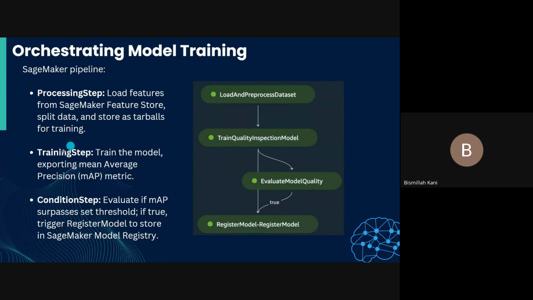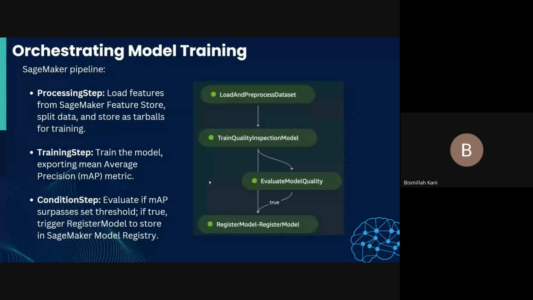The training step is very straightforward. It trains the model, evaluates it on the validation data set, and gives you the final evaluation metric, which is mAP in this case. We also have a conditional step, where we say only register the model where the mAP is, let's say, greater than 80%.